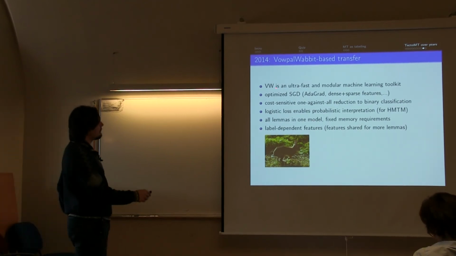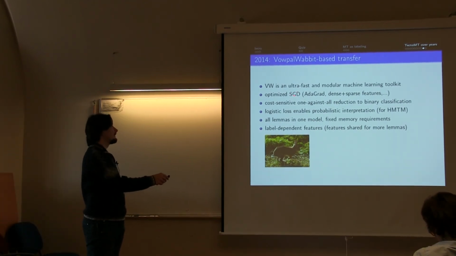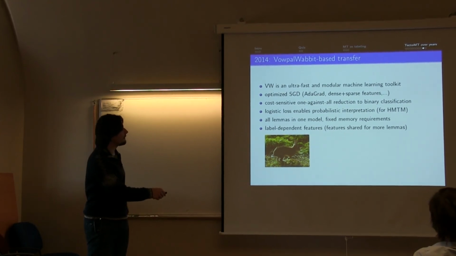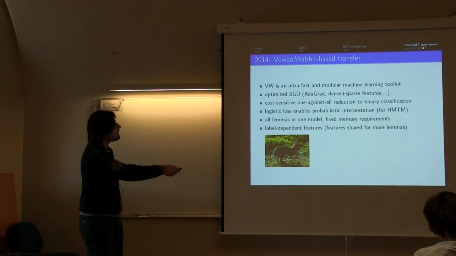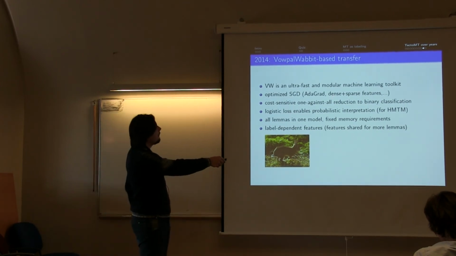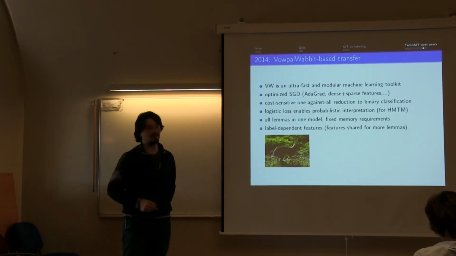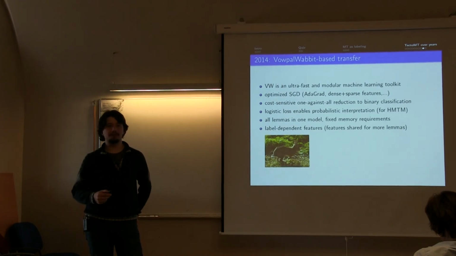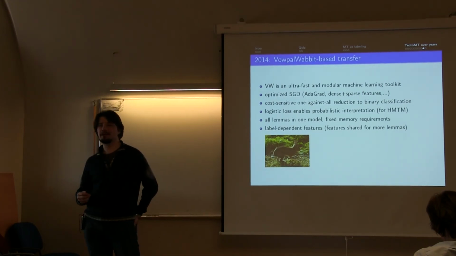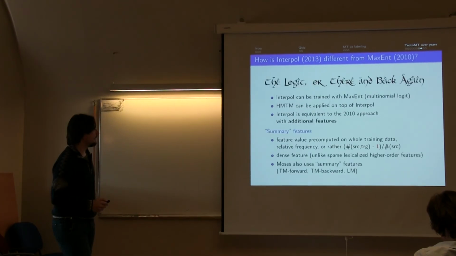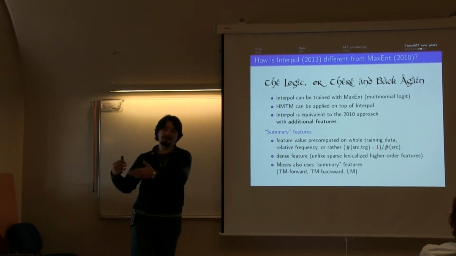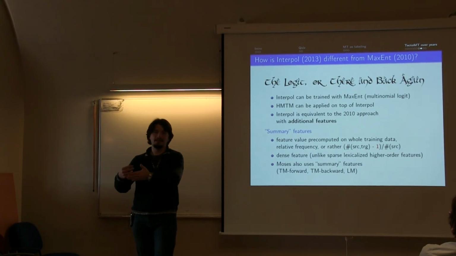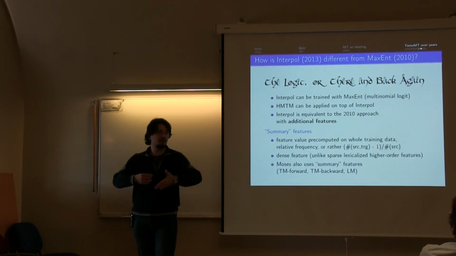And it's well optimized. It's stochastic gradient descent, but there are some optimizations on top of it, like Adagrad, if you know about this. And it can handle a combination of dense and sparse features, which is not true for the original stochastic gradient descent. So here I said the summary features are dense, which means that for each example, for each, let's say, word I'm translating, I see this feature with some value.